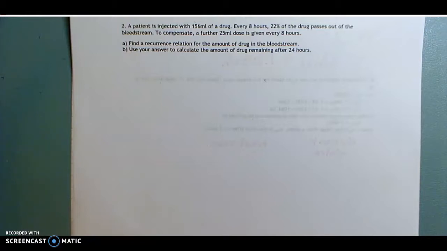Now we are going to let U of n equal the amount of drug in the bloodstream after 8-hour blocks.